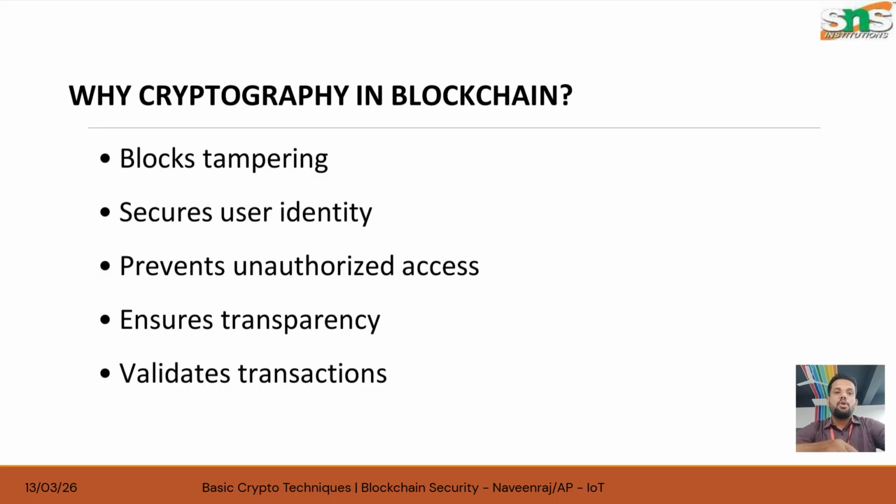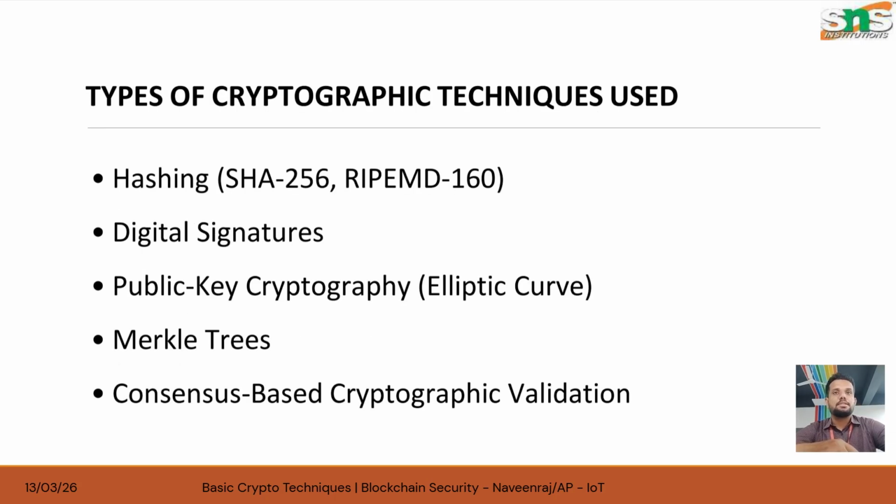The basic properties of hash functions are deterministic, fast computation, collision resistant, and avalanche effect. In blockchain, each block contains a current hash as well as the previous block hash. This creates a chain, that is, a linked structure.